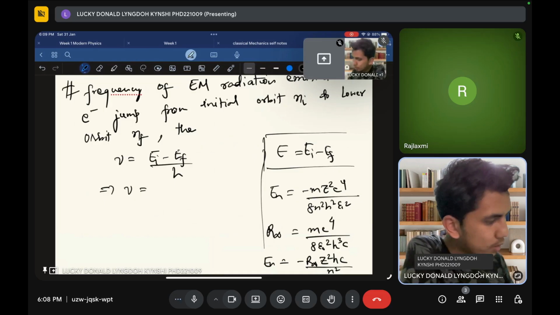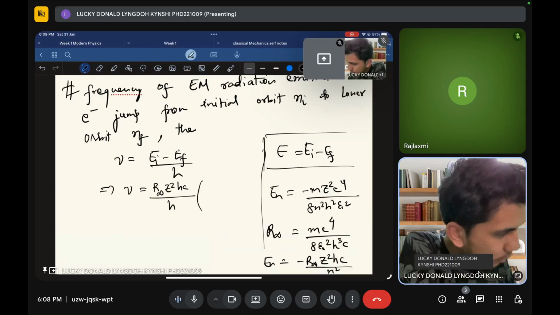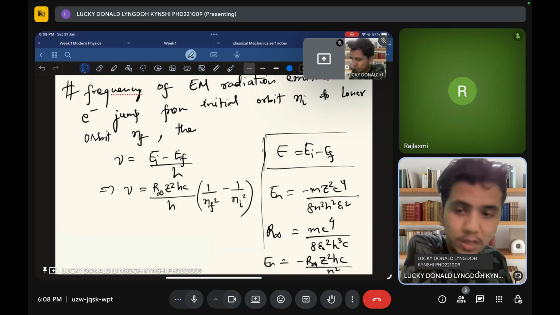Mu, which is equal to Ei minus Ef, you can express as R infinity Z square h c by h, and 1 by nf square minus 1 divided by ni square, because n is coming from your equation En.